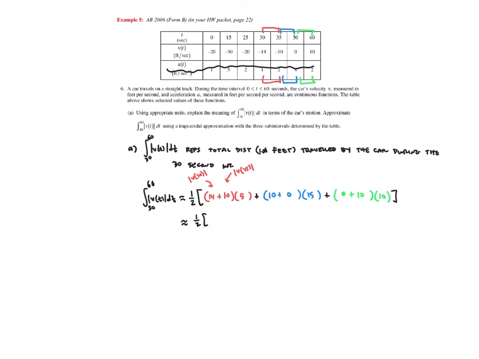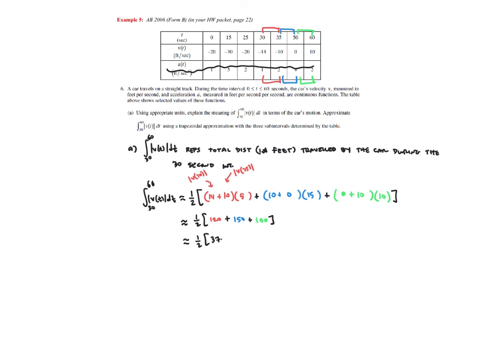Okay, 24 times 5, that's 120. Okay, 10 times 15 is 150. And 10 times 10 is 100. Okay, so we get that the total distance traveled by the vehicle, would that be 370?